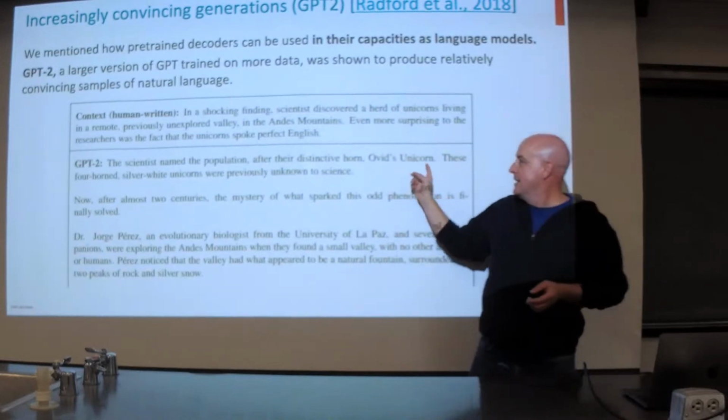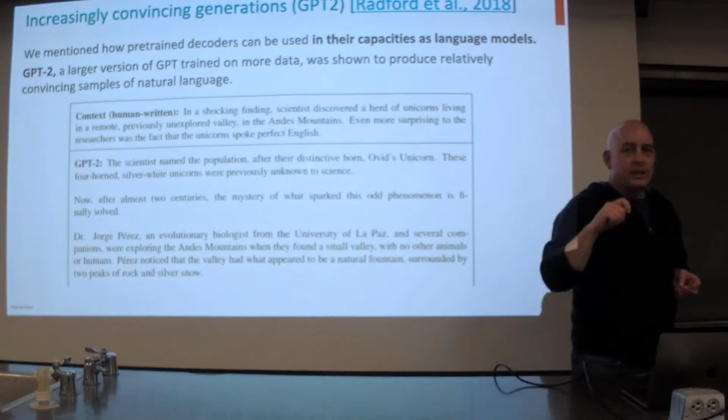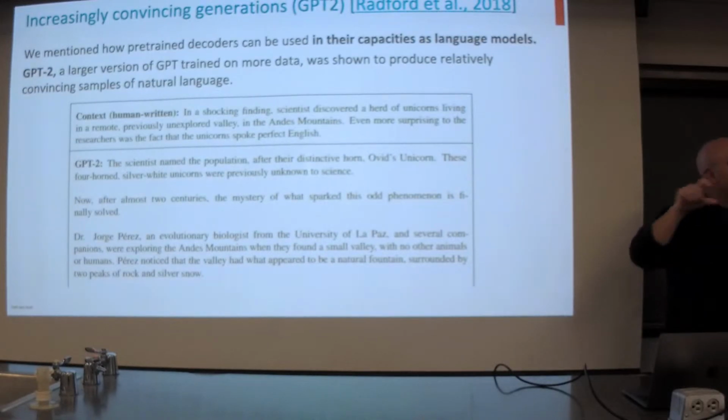This sounds like what you would write if you were to report on a scientific finding. So it's not only producing something creative and semantically correct, it's also doing it in an appropriate style. And this really caught everybody's attention.